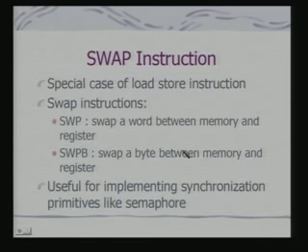Next, we have got the swap instruction. In case of the swap instruction, what happens? A word is swapped between memory and register. In case of SWPB, you swap a byte between memory and register. And this is useful for implementing synchronization primitives like semaphore.